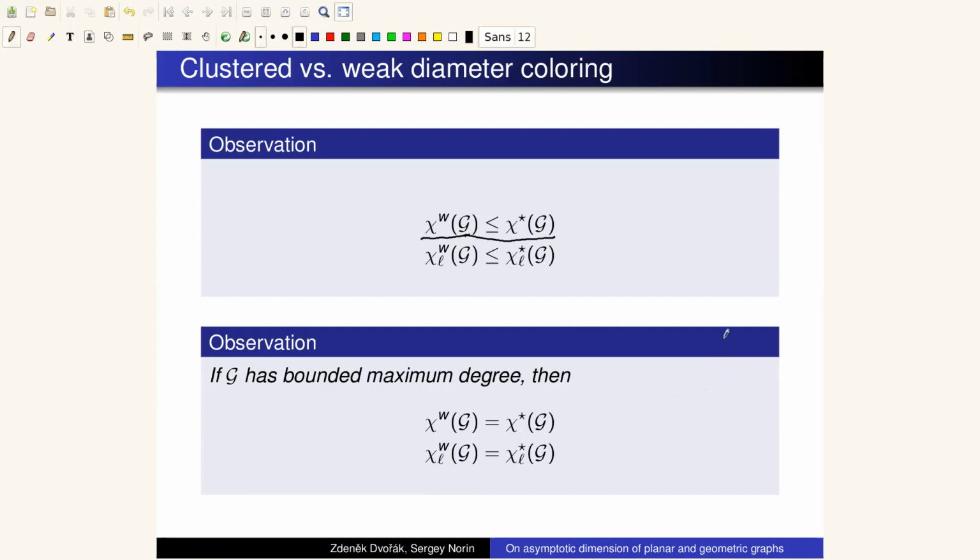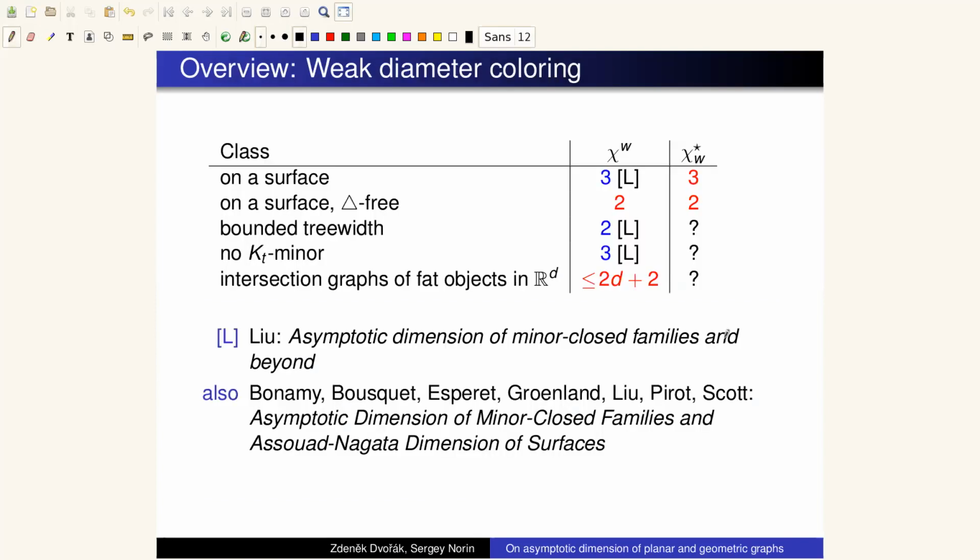And so actually the results that we have are for this weak diameter coloring. So we prove that if you have a graph drawn on a surface which is triangle free, then it has weak diameter chromatic number at most 2, and actually even in the list coloring setting.